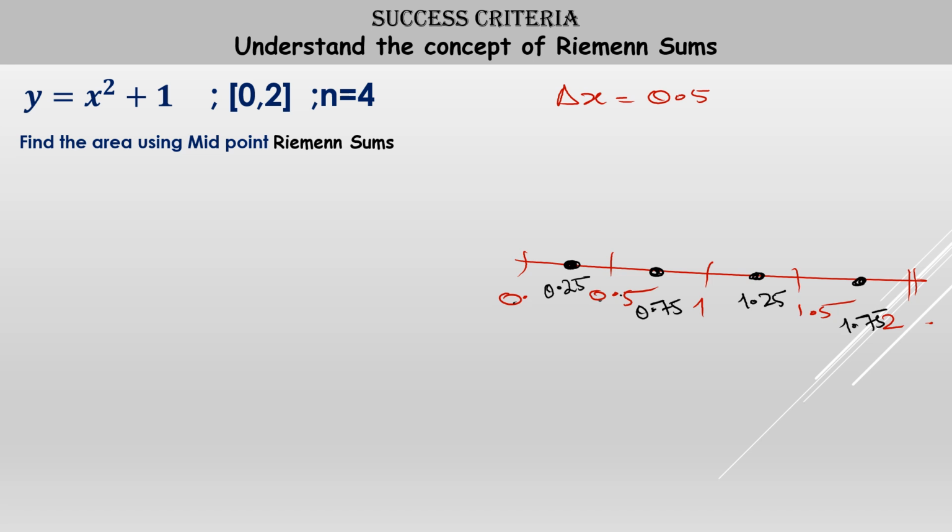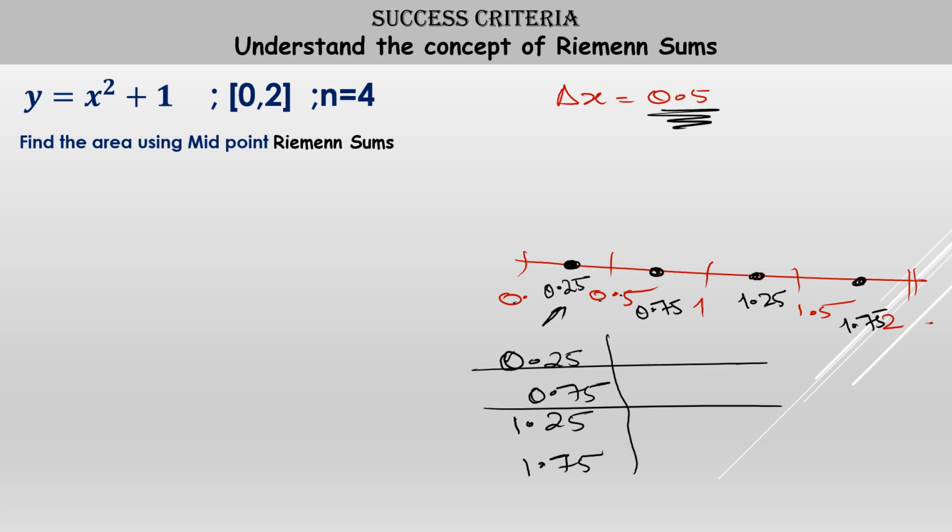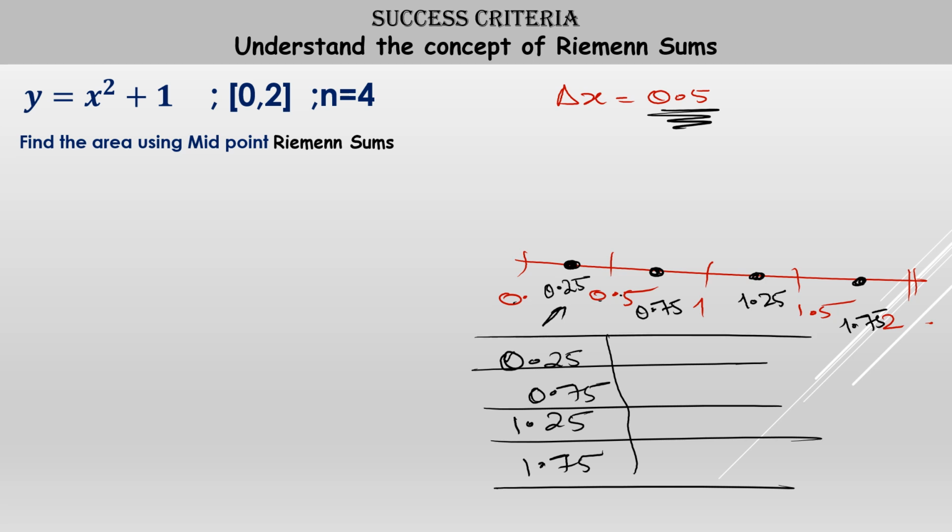Now, the width is 0.5. The width stays the same for the rectangles, but the height will be calculated in terms of 0.25. You will calculate the height at 0.75, at 1.25 and at 1.75. So calculate the y values at these points. Let's quickly try to calculate these points.